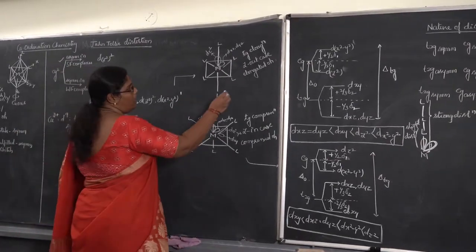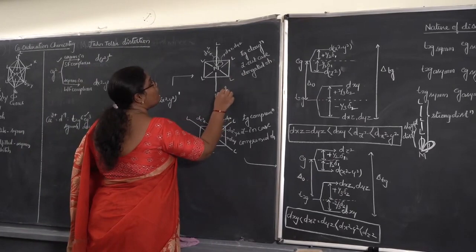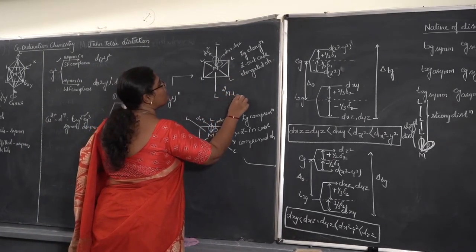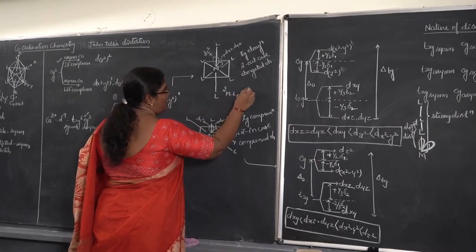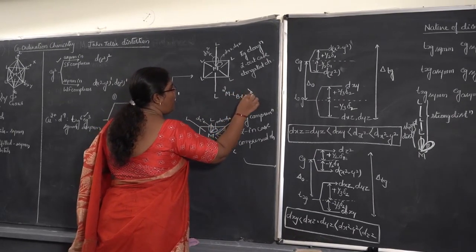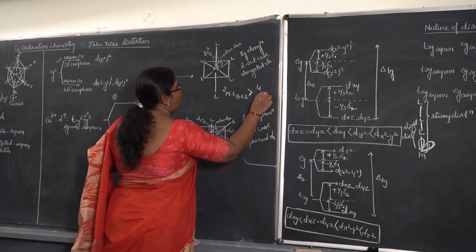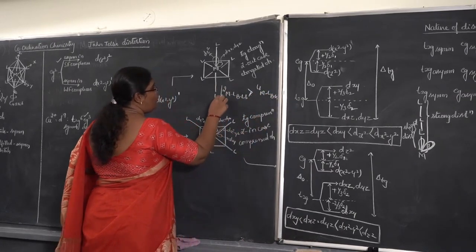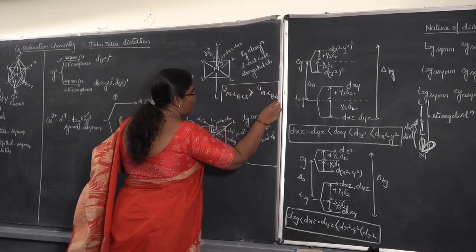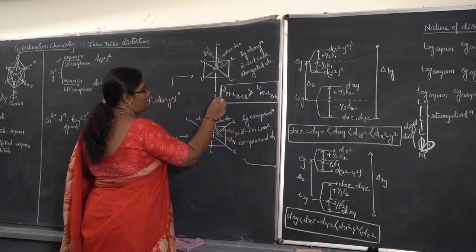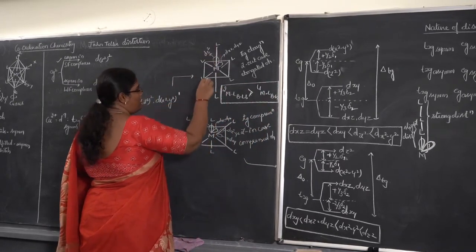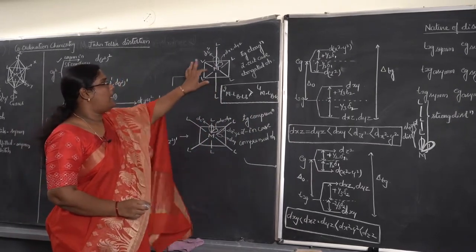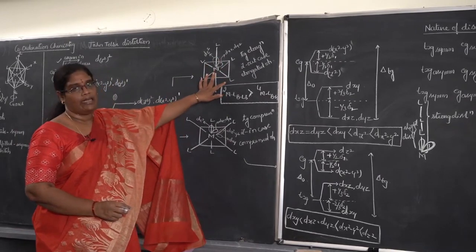In tetragonal elongation, two of the metal ligand bond lengths are longer than four metal ligand bond lengths, meaning the ligands along the z-axis have bond lengths more than the ligands along the x and y axes.